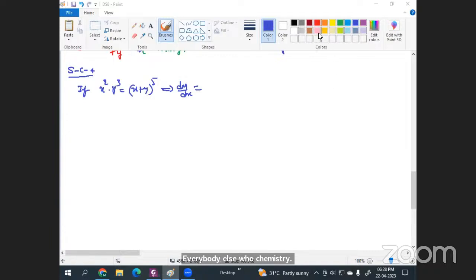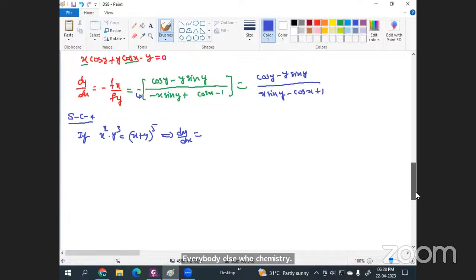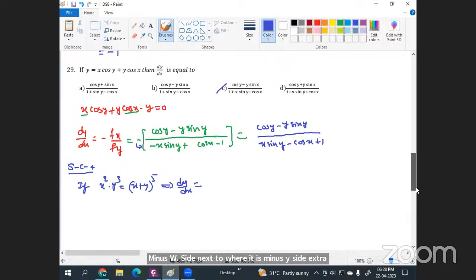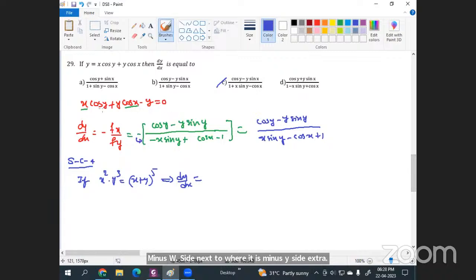Minus y sin x. Where is it minus y sin x? Because cos y derivative is minus sin y, no? Cos y derivative is what? Minus sin y. Correct? Yes, it is minus y sin x.